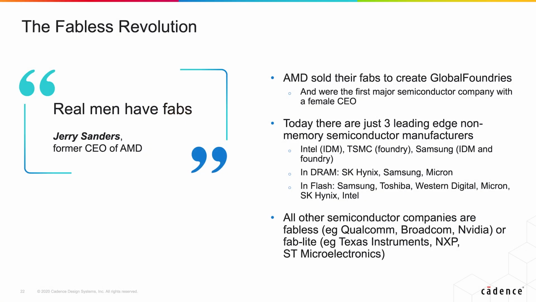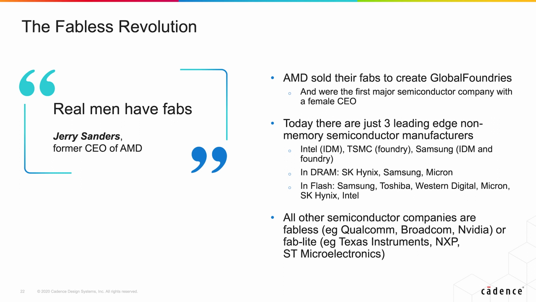So today there are just 3 leading-edge non-memory manufacturers: Intel, TSMC, and Samsung. In memory, there's SK Hynix, Samsung, and Micron. And in flash, there's a few more: Samsung, Toshiba, Western Digital, Micron, SK Hynix, and Intel, which is kind of getting out of that business, but they were in this business.